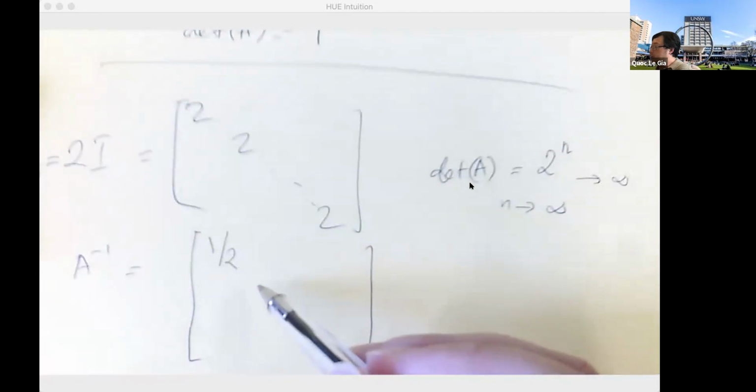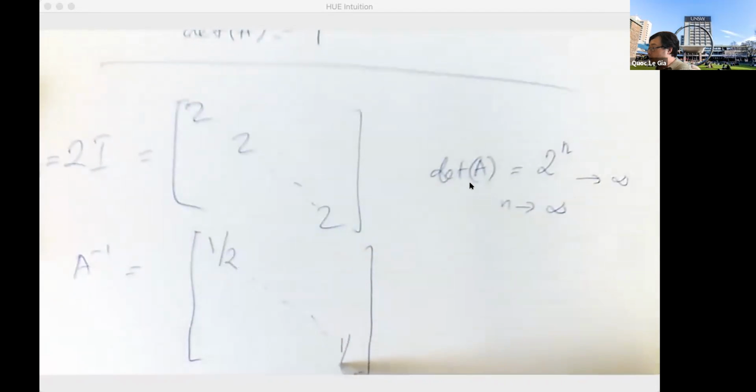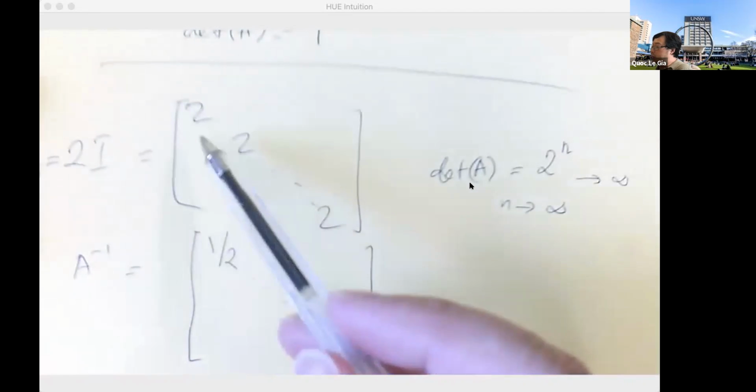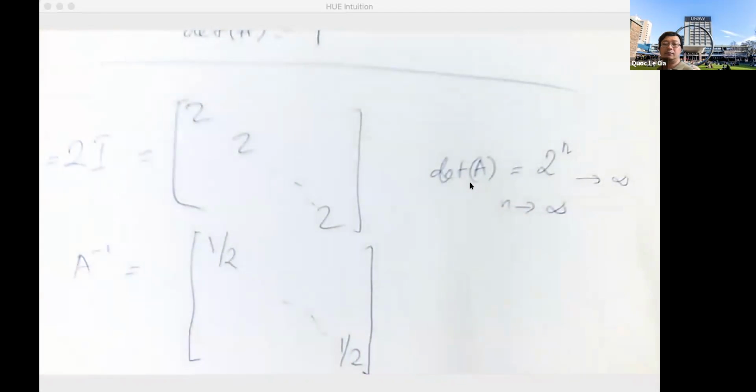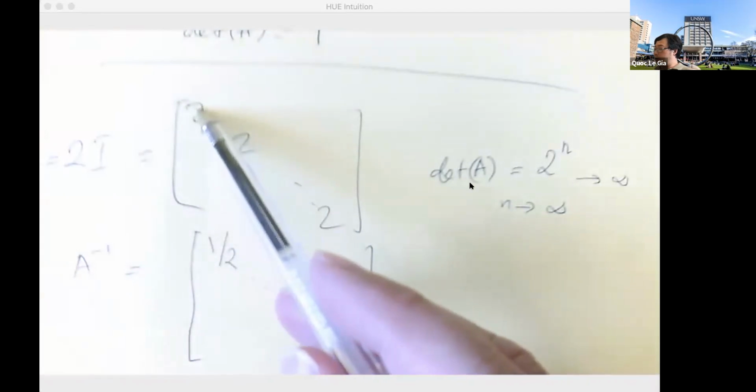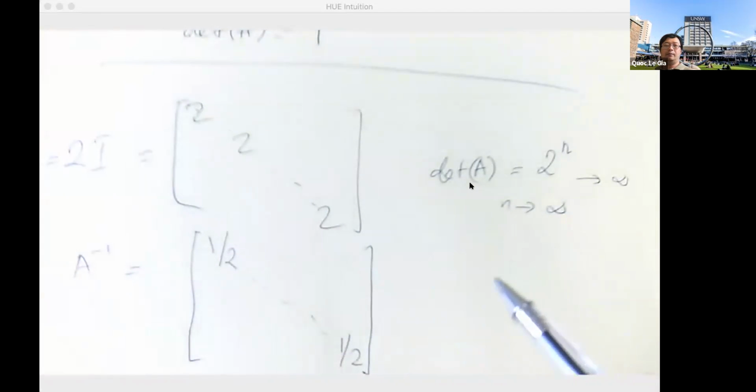That's 1/2, right? So everything is 1/2. Then when you multiply, it becomes identity. So for A inverse, you just take everything here and take 1 over that.